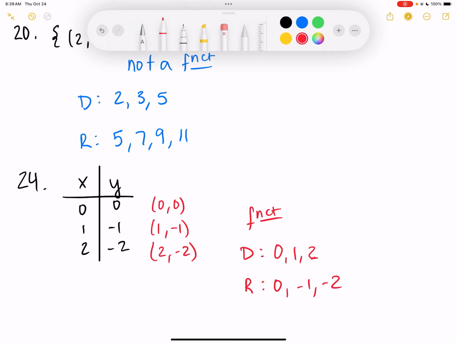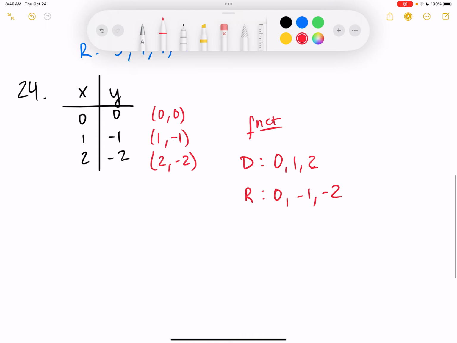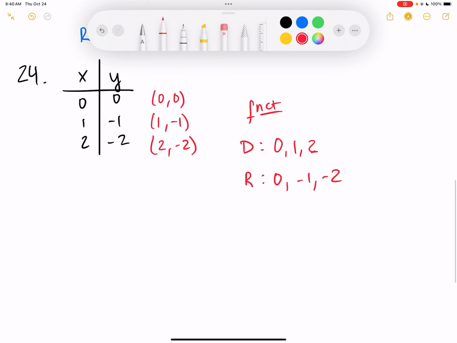The other way that they can present information to you is with a graph, and if we have a graph, at that point we use what we call the vertical line test to determine if it's a function or not. So on number 28, I'm going to draw this as best as I can here.